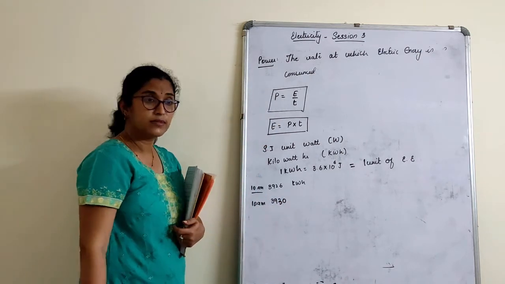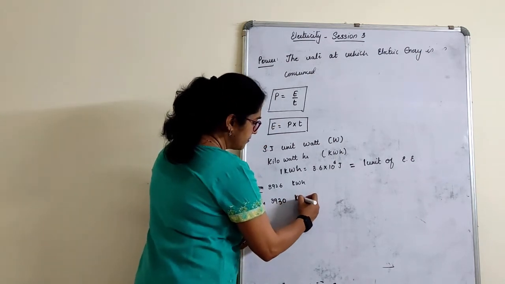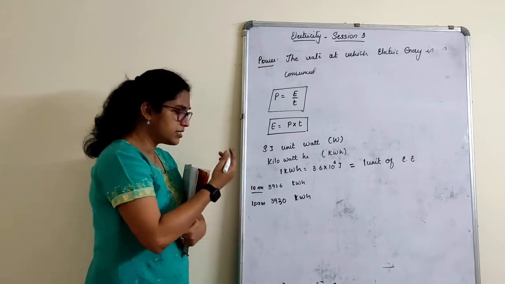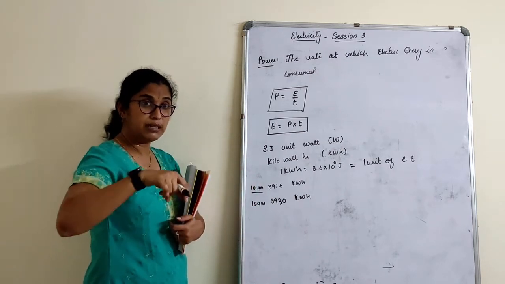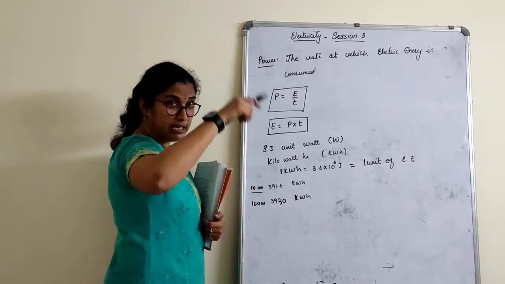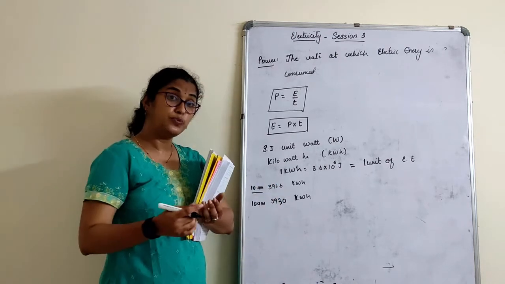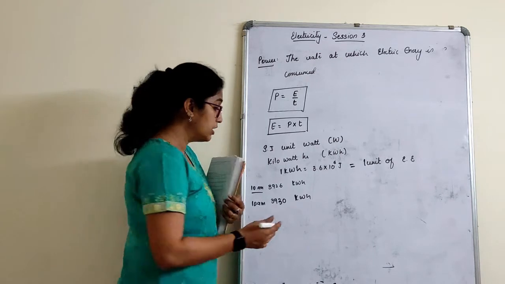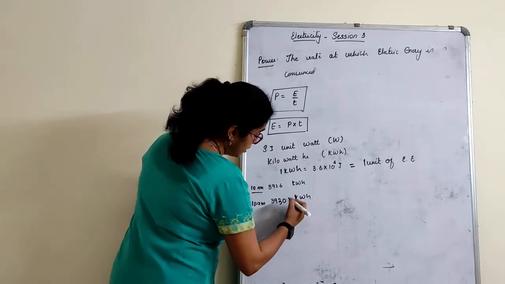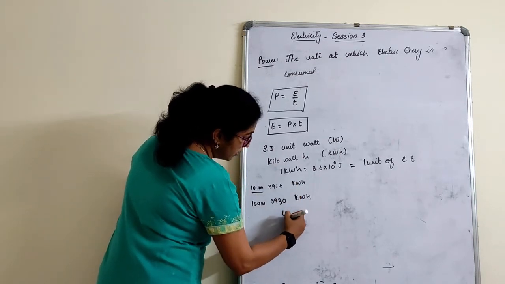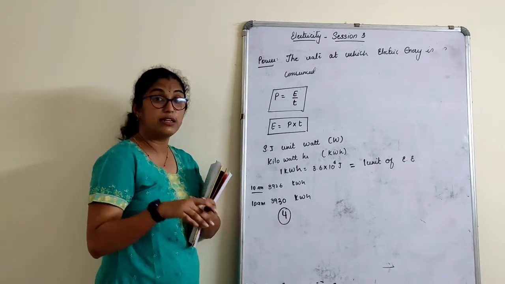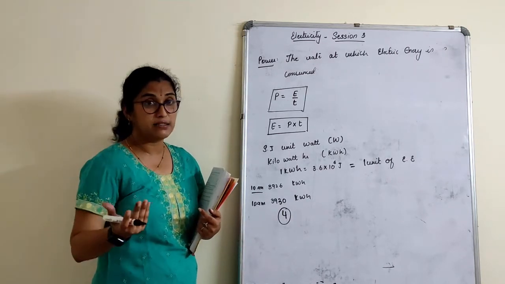Assume that in kilowatt hour. That means from yesterday morning 10 a.m. to today morning 10 a.m., in exactly that one day, how many units were consumed? So 26, 27, 28, 29, 30. So 4 units were consumed. Sorry, from 26 to 30, you consumed 4 units. It's not you, it's the appliances at your home.